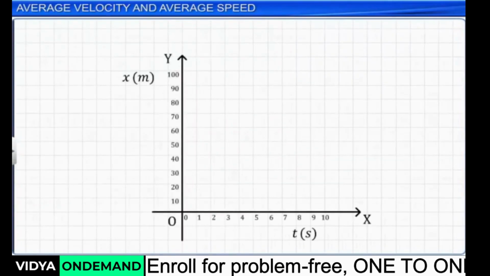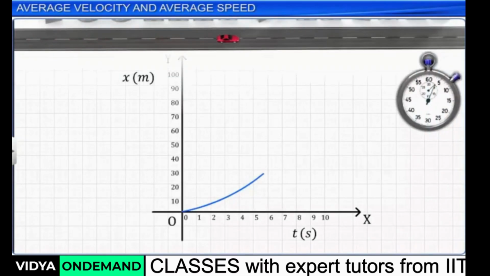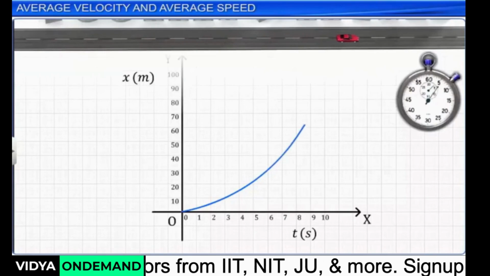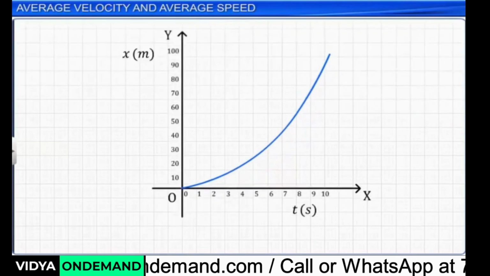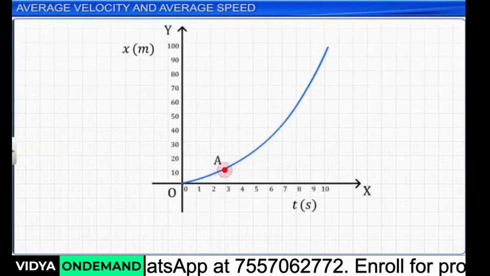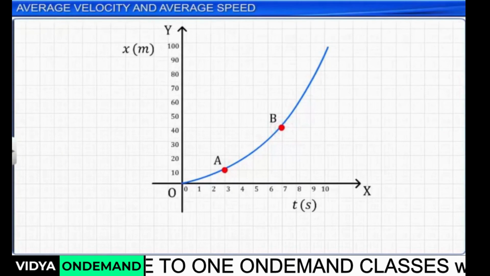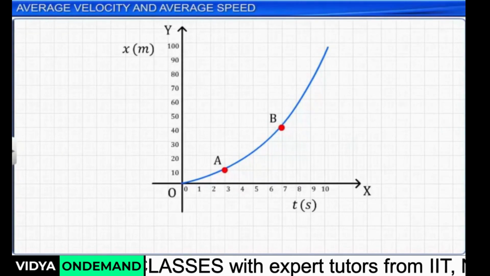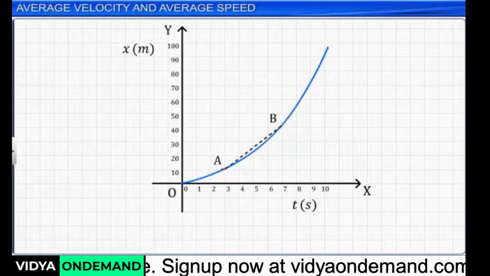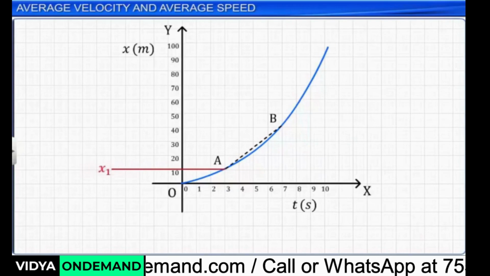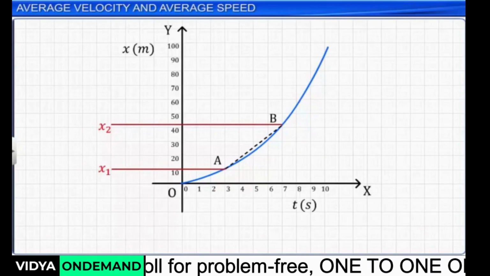A body starts at the origin and travels through a certain distance x meters in time t seconds. Let us mark 2 points A and B on the graph obtained. Let us study the motion of the body from point A to point B in detail. x1 and x2 are the positions of the body at time t1 and t2 respectively.